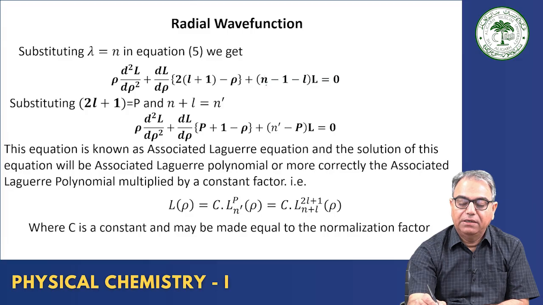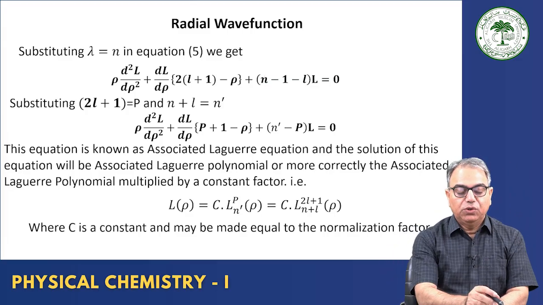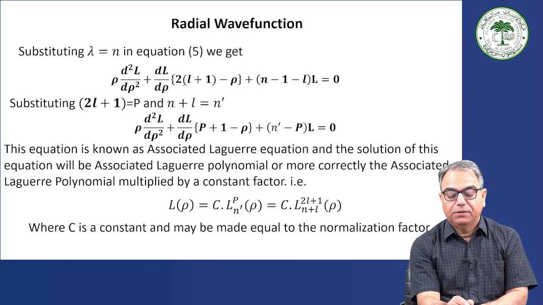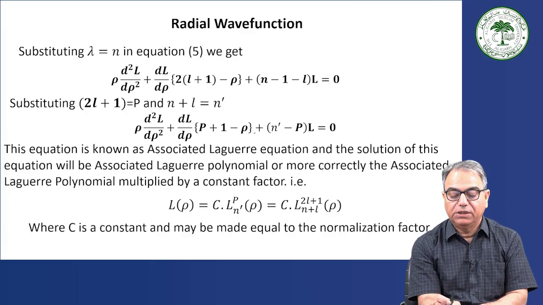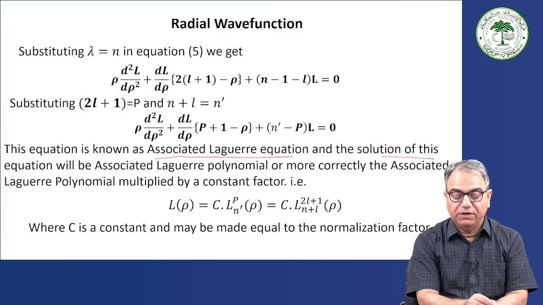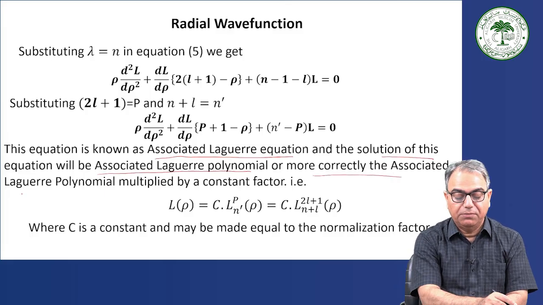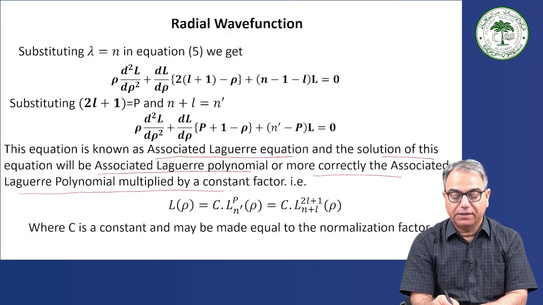This was lambda earlier, now it is n minus 1, with n the principal quantum number. Now, substitute 2l plus 1 equal to p, and you get this equation. This equation is known as the associated Laguerre equation, and the solution of this equation will be the associated Laguerre polynomial, or more correctly the associated Laguerre polynomial multiplied by a constant factor.